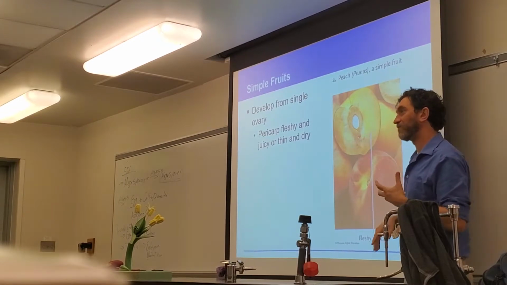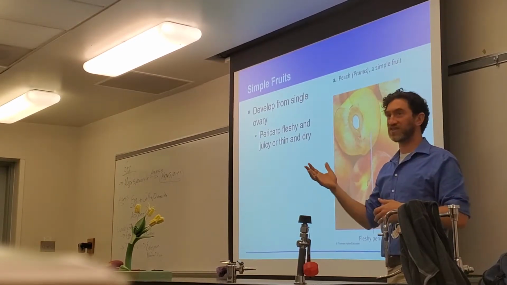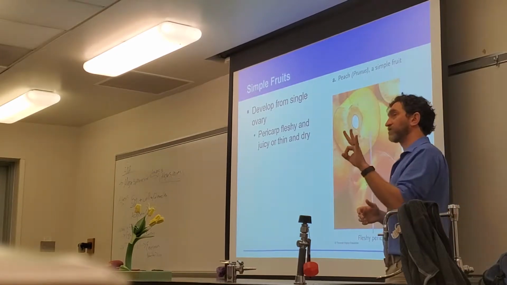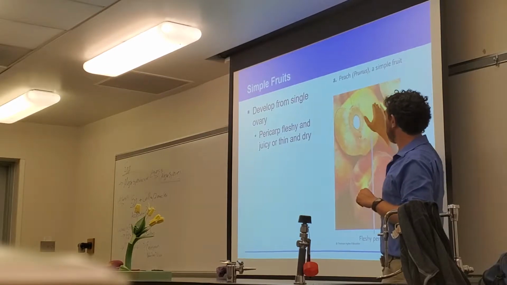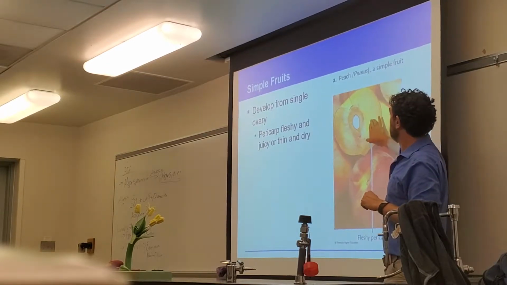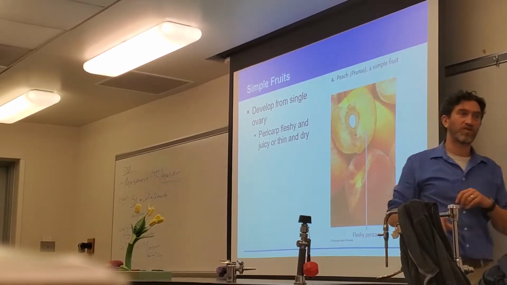The hope, again, on the plant's part is that we eat the fruit, and then we poop out the seed later on. Remember the three parts of the pericarp? Exocarp, which is the fuzzy part on a peach. Mesocarp. And then this here right next to the seed is the endocarp. Very good.